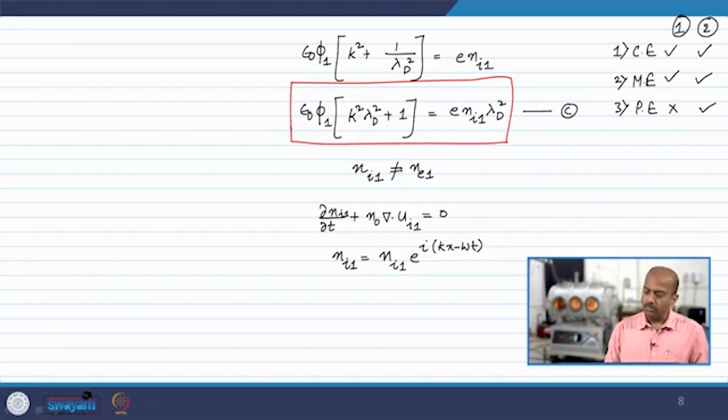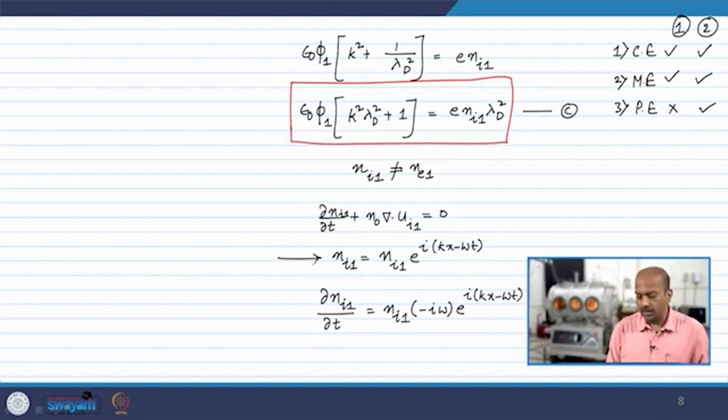So, dou n i1 by dou t is equal to n i1 times minus i omega e to the power of i (kx minus omega t). What have we done? We have just taken the sinusoidal solution, took a derivative with respect to time, and now we are going to substitute this back into this equation.